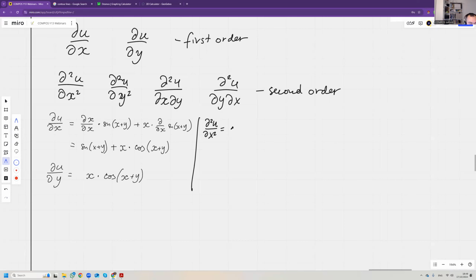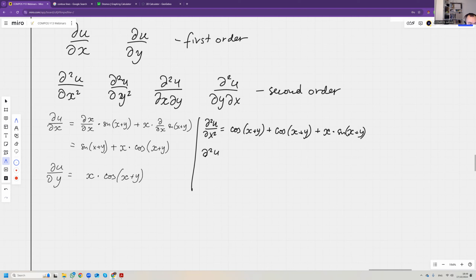So that becomes cos x plus y plus, now if we want to differentiate this with respect to x, so it's going to be 1 multiplied by cos x plus y plus x multiplied by sine x plus y.